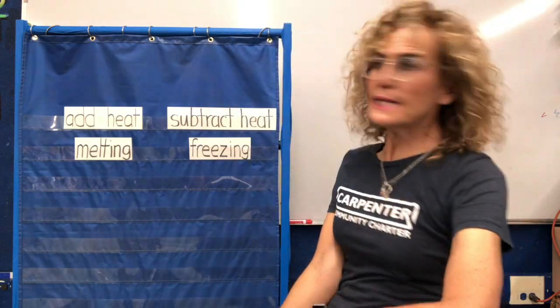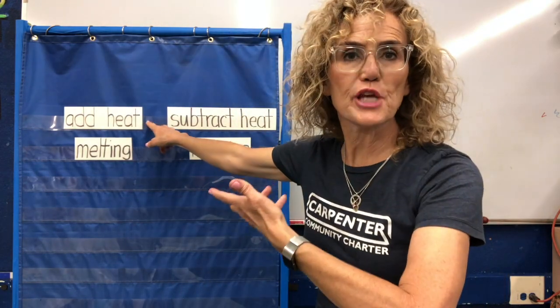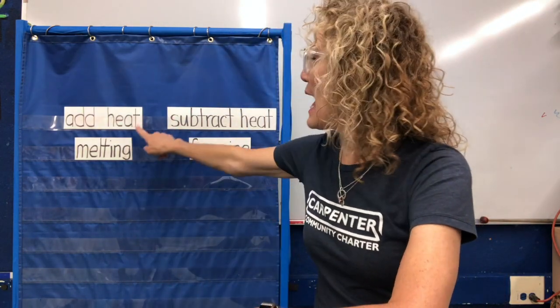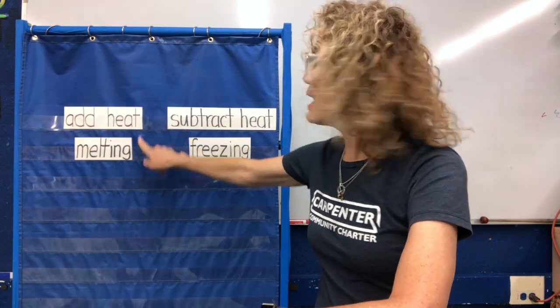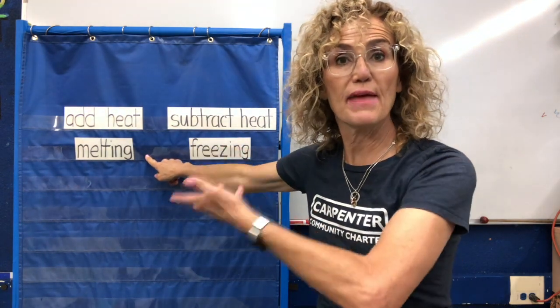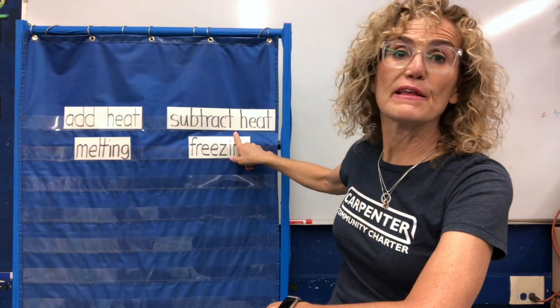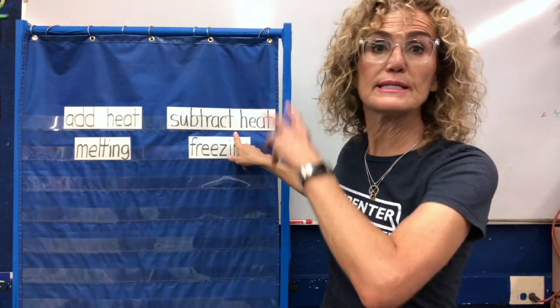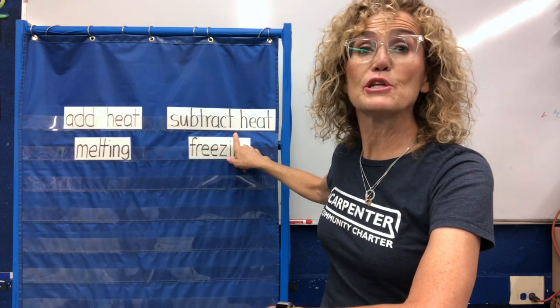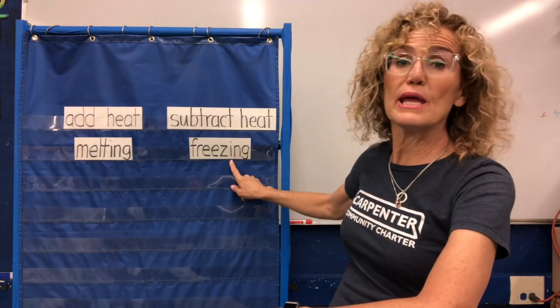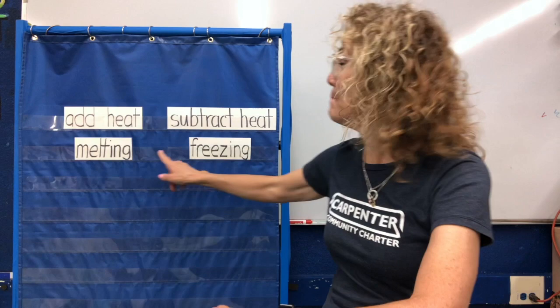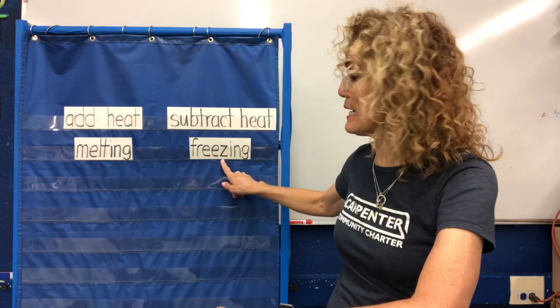All right, so this has been a lot of fun. If we take chocolate chips and butter and we add heat, we can make them melt. There's melting. If we take the chocolate chips and the butter and we subtract the heat and we turn it back into a solid, we have freezing, melting and freezing.